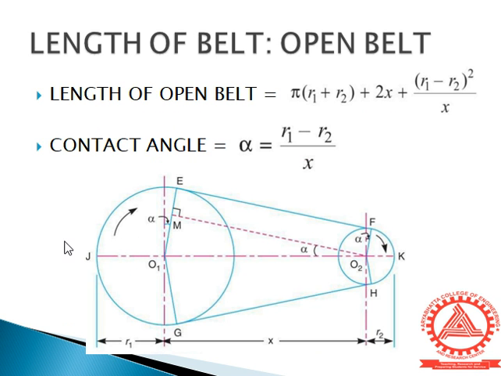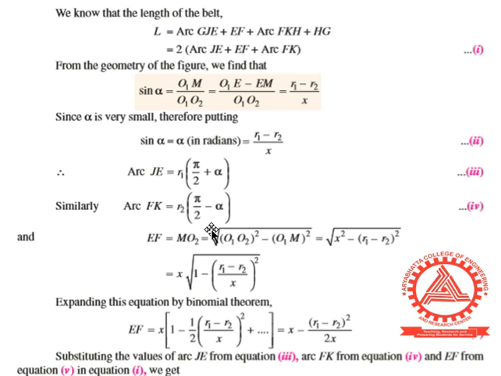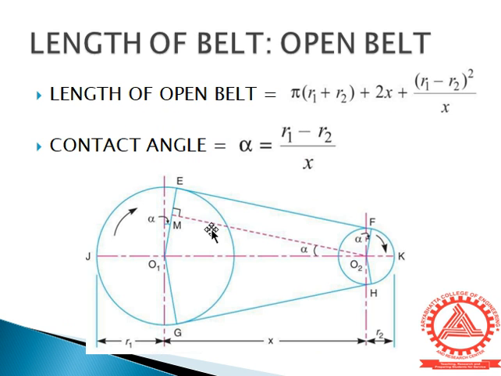If we consider JE, from JO1 this is 90 degrees and this is 90 plus alpha. Similarly for the follower pulley it will be 90 minus alpha, because it subtends a lesser amount.